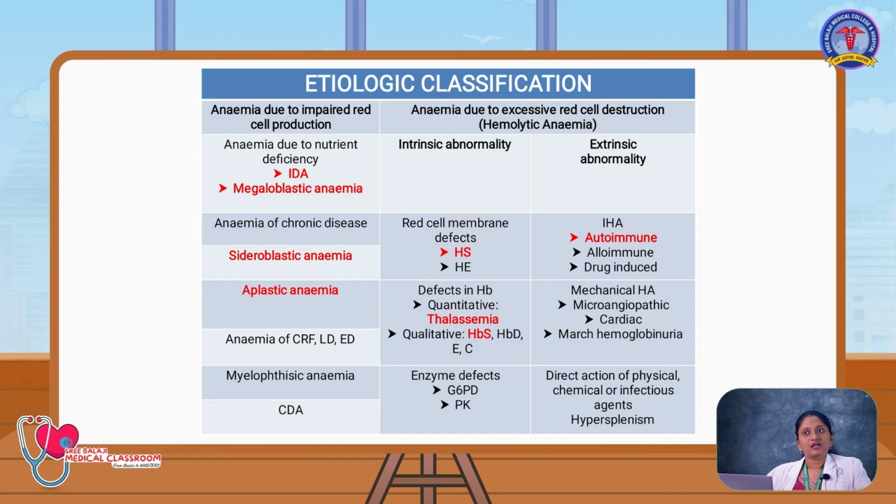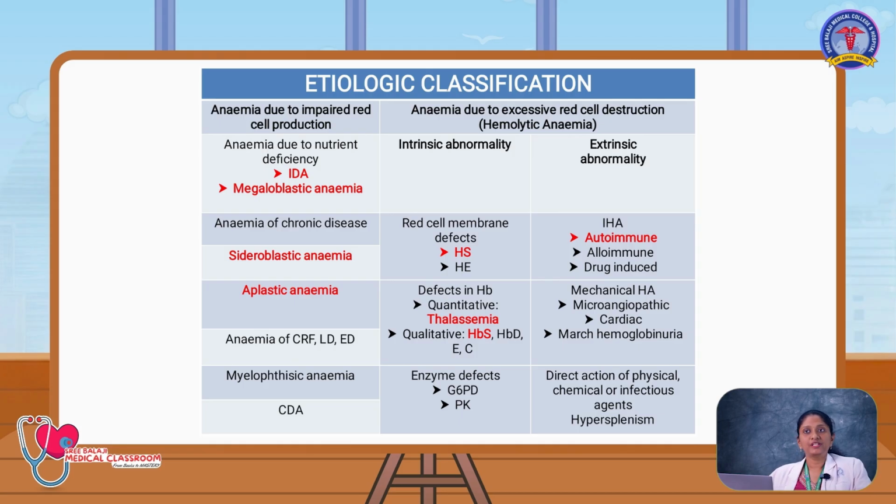Hemolytic anemias are further classified as defects intrinsic to the red cell and defects extrinsic to the red cell. If it is intrinsic to the red cell, it can be either a red cell membrane defect, a defect in the hemoglobin quality or quantity, or enzyme defects. The red cell membrane defects are further classified as hereditary spherocytosis and hereditary elliptocytosis.